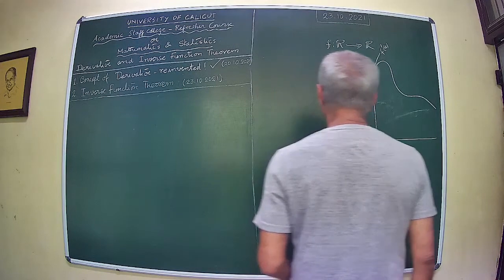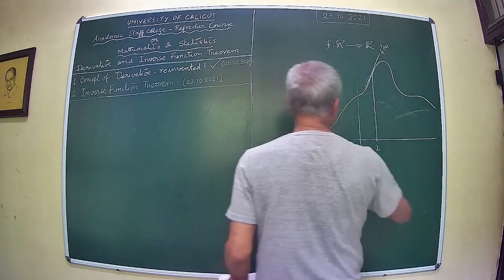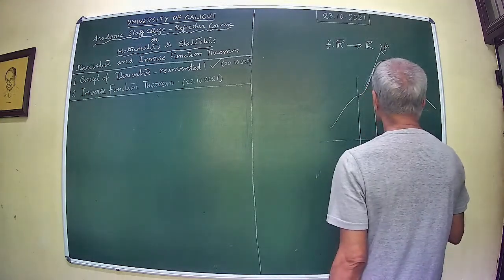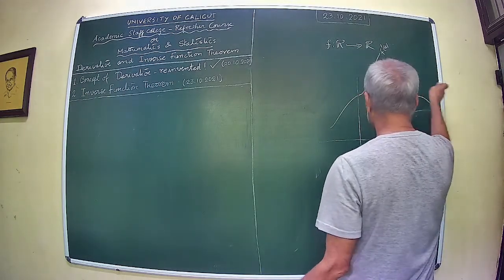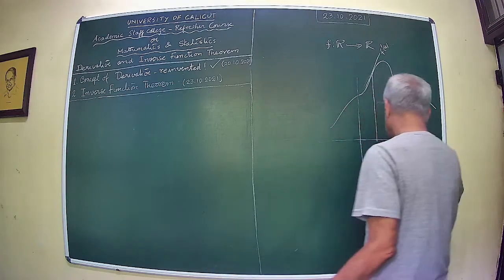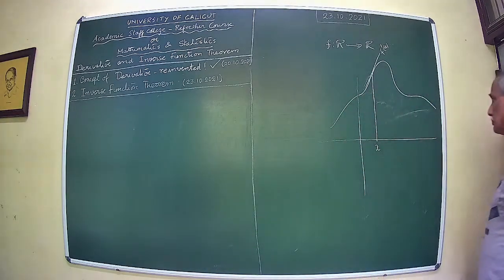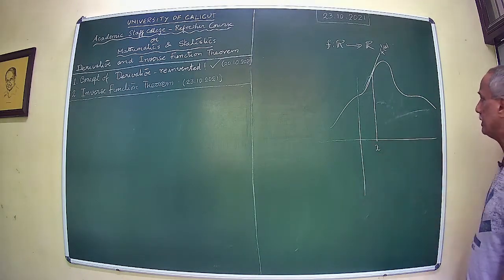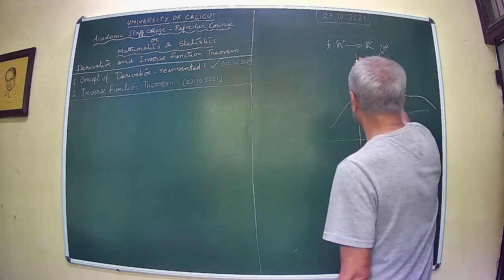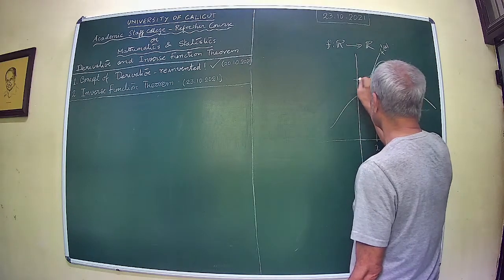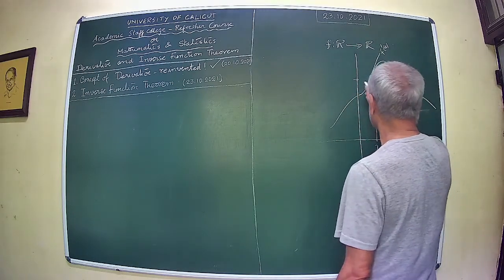Now what it says is the following. You see, is this function invertible? Whatever I have drawn, is it invertible, or is it one-to-one and onto? It is not one-to-one and onto. First of all, you see that it is not one-to-one, so that you can talk about the inverse.